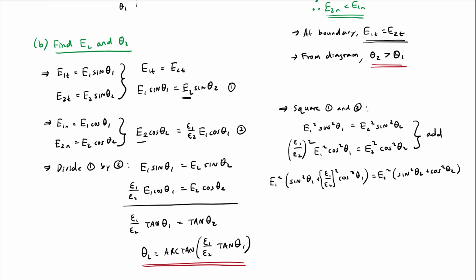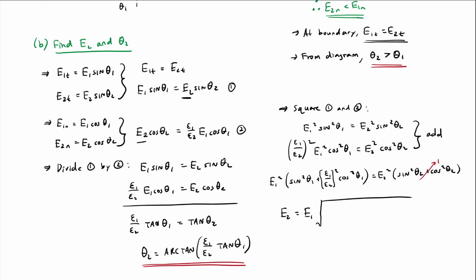So here, this is simply just going to go to 1. And then I can solve for E2. And E2 is going to be the square root of a really long term. So the square root of E1 squared is E1.